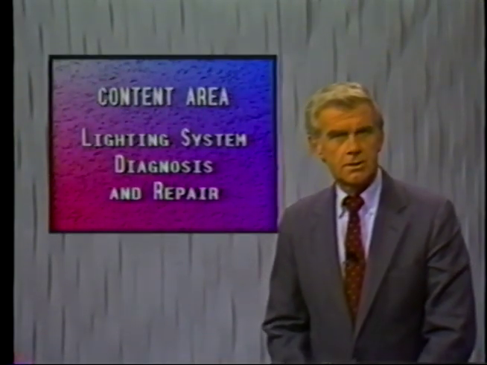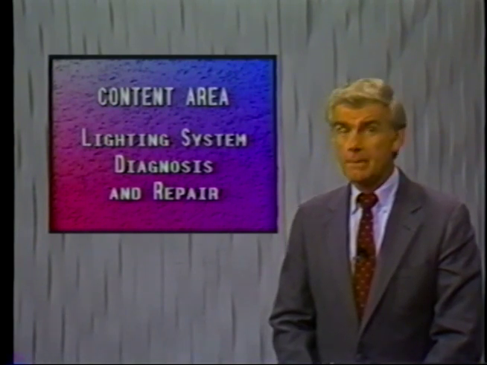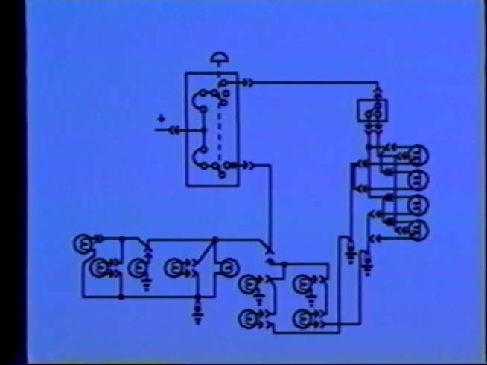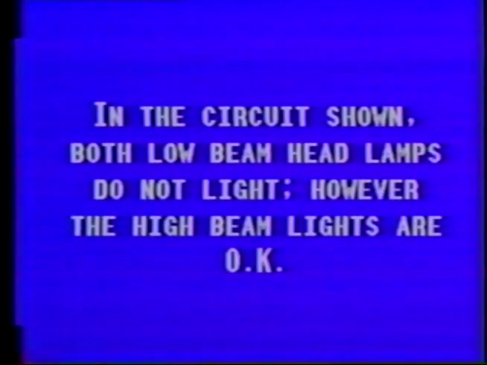The next two questions involve interpretation of schematics and application of electrical testing. For this question, refer to the corresponding graphic on your mini-test. In the circuit shown, both low-beam headlamps do not light.